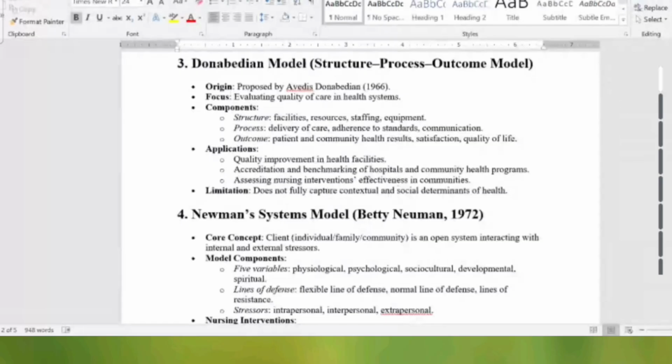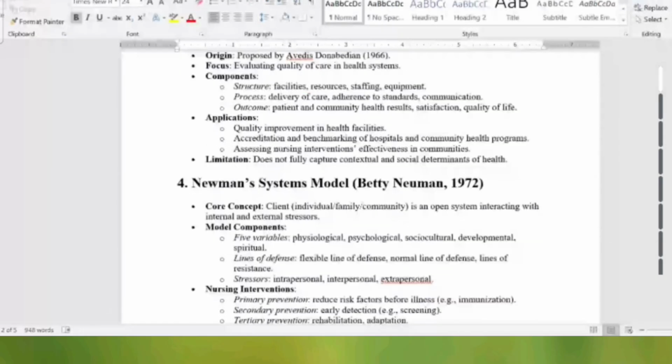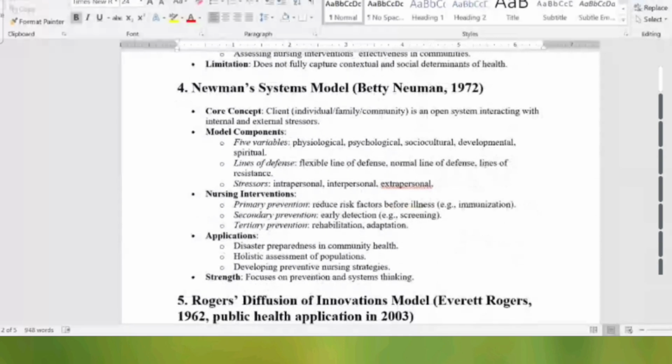Okay, Neumann system model. That is Betty Neumann, in 1972. Core concept: the client, whether individual, family, or community, is an open system interacting with internal and external stressors.